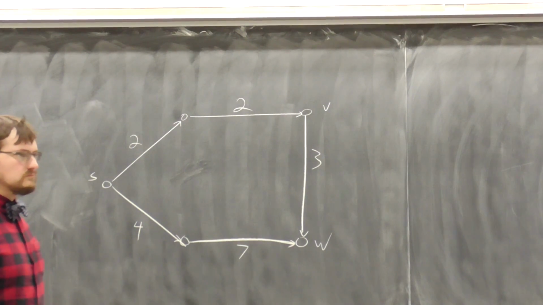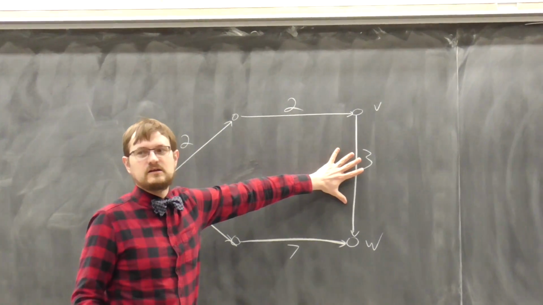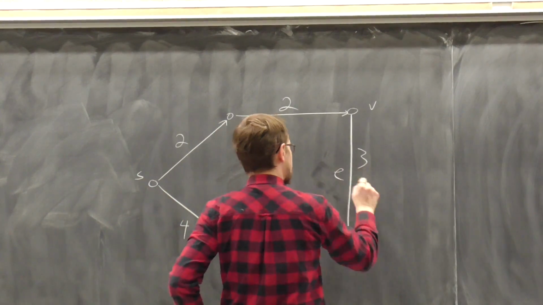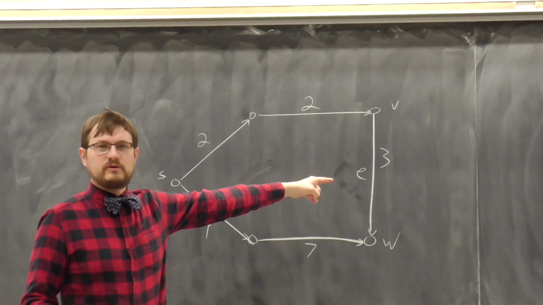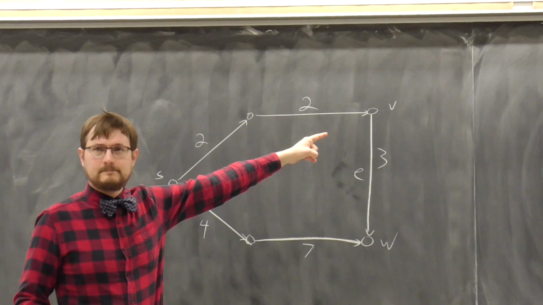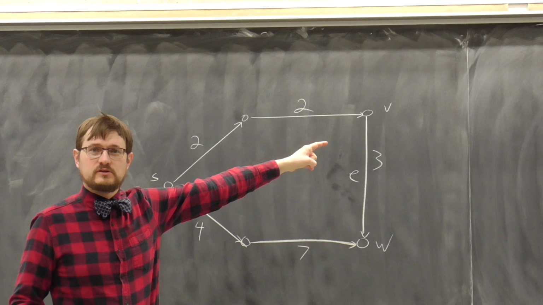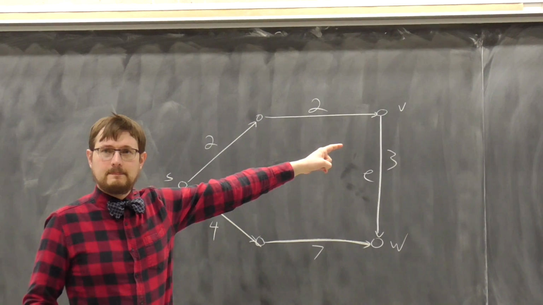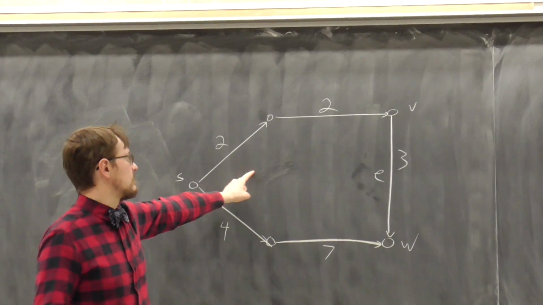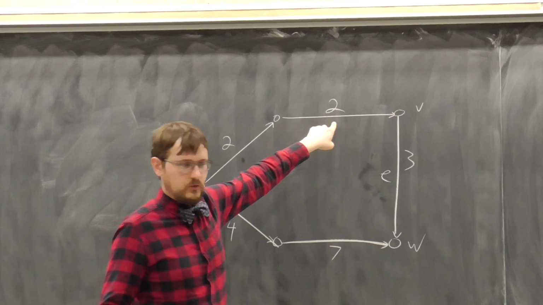So, let's assume we haven't calculated this edge here. We'll call this edge E, all right? What's the shortest path to V before we've considered E? What's the length of the shortest path? Four, thank you.